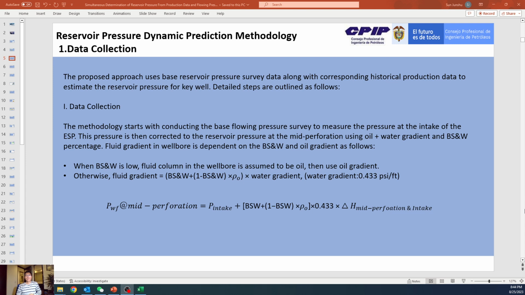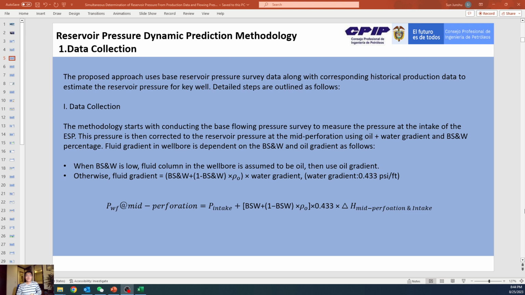So, if we have the intake pressure of the pump, the BSW percentage, and the height between the middle perforation of the reservoir and the intake sensor of the ESP, then we can calculate the flowing pressure at the mid perforation.